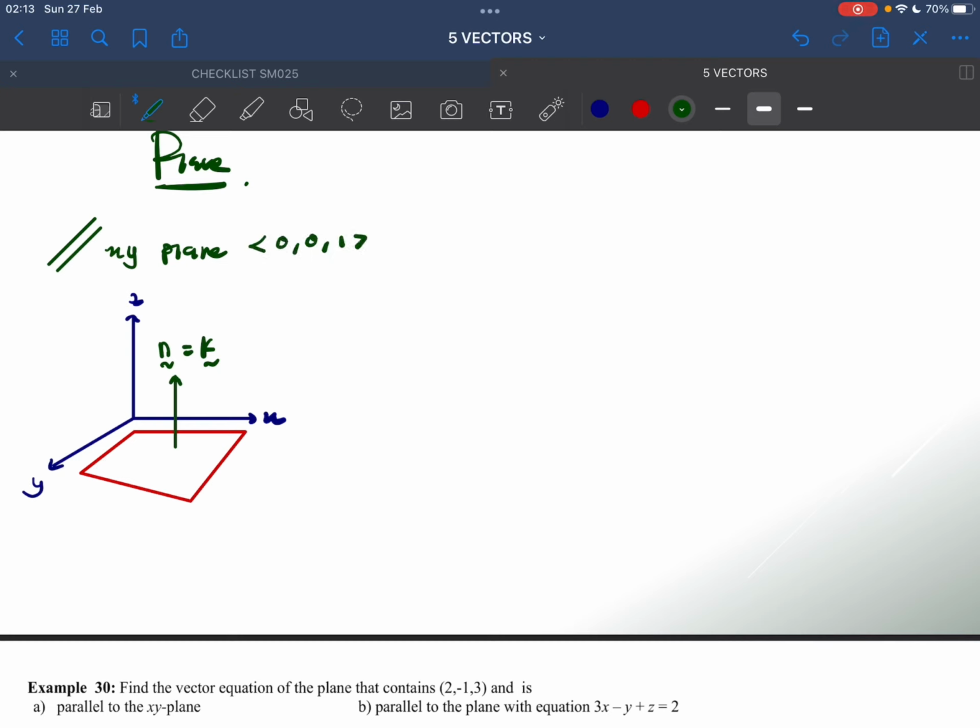Just k. What about when the plane is parallel to the xz plane? Let's see the axes here. We have x, y, z.